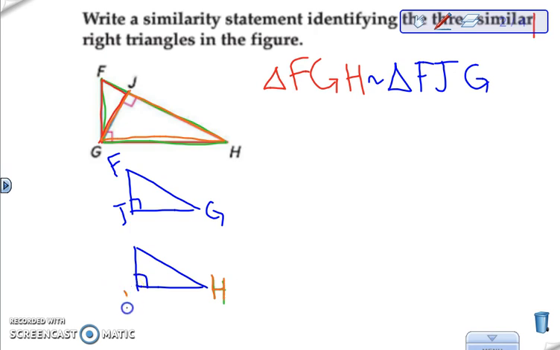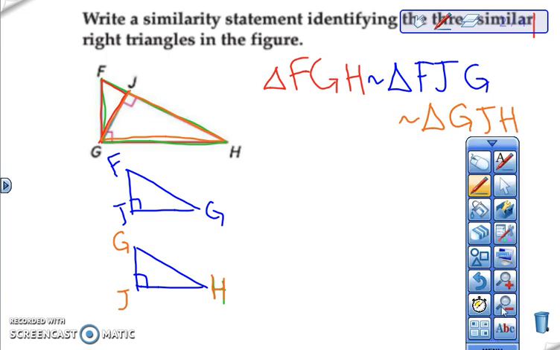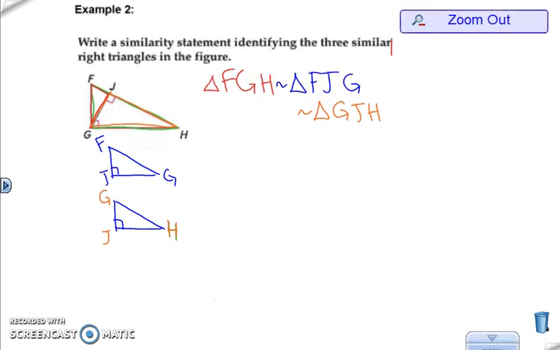The right angle is still J, and the other point is G. So when I write my similarity statement, G, J, H. So these are important to be able to set up because we're going to use them to solve our geometric means in the next example.